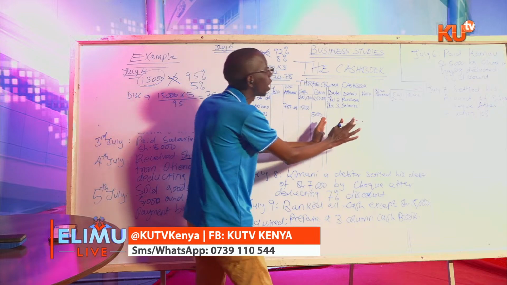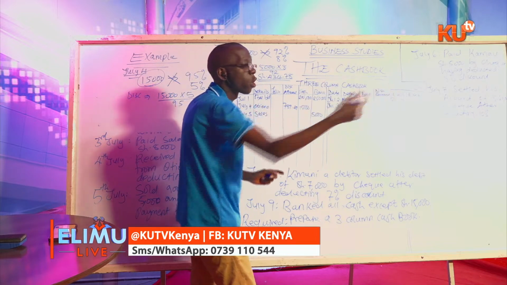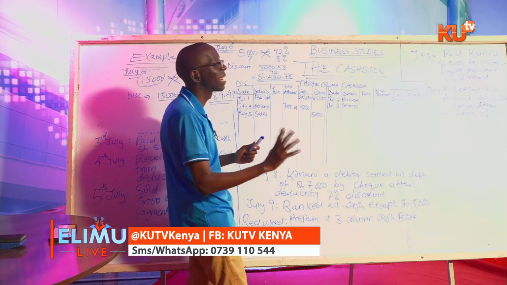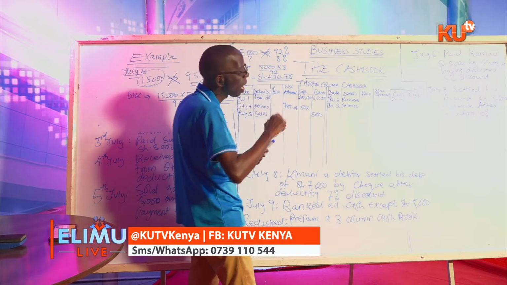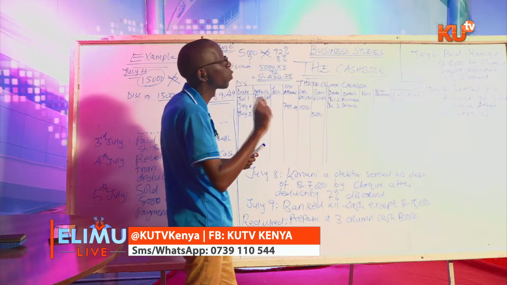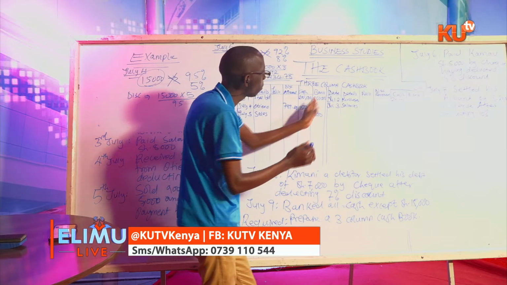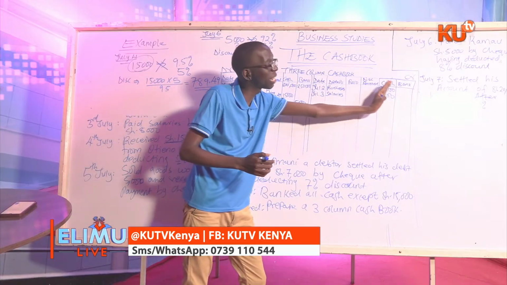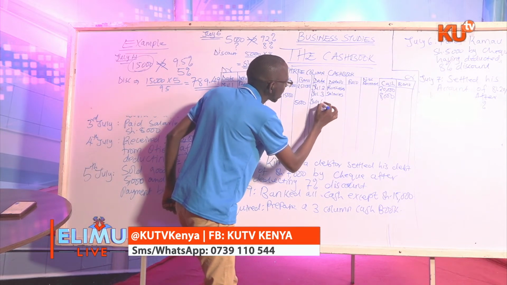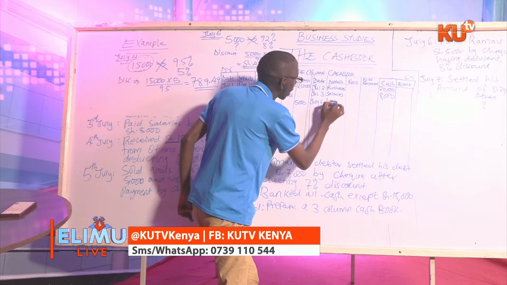Now we come to recording. Paid Kamau. When you pay, you take your money and pay. So it is a decrease in the money you have. Money you have where? By check. The decrease in the money that you have in bank. So we'll come to the credit side where we record the decreases and say July 6 paid who?